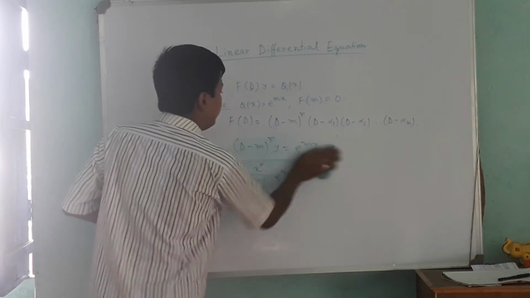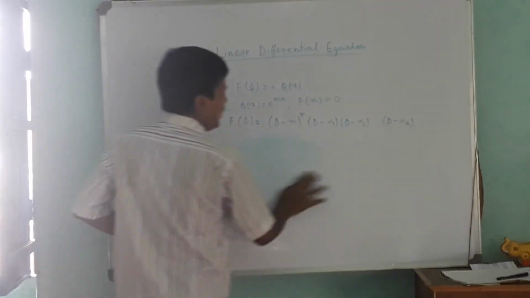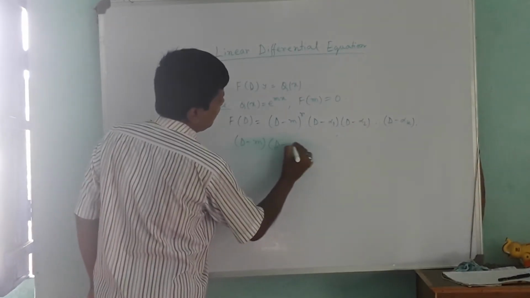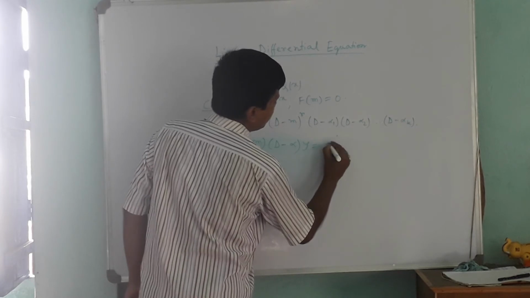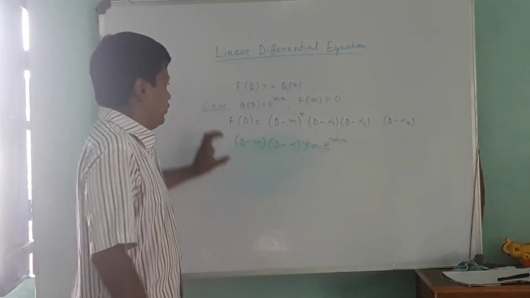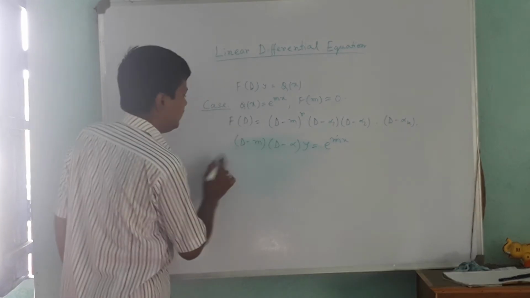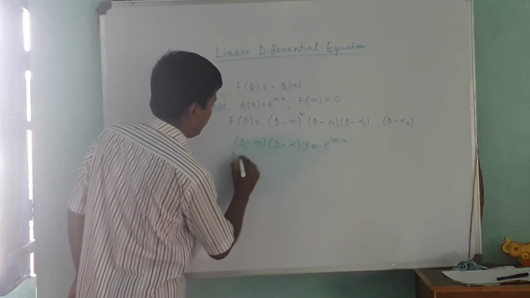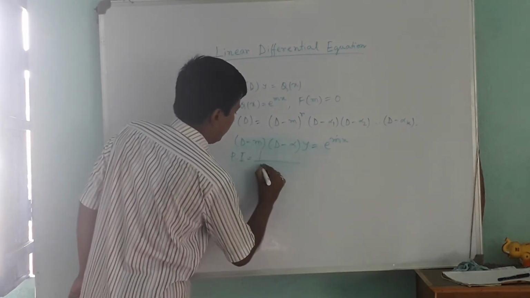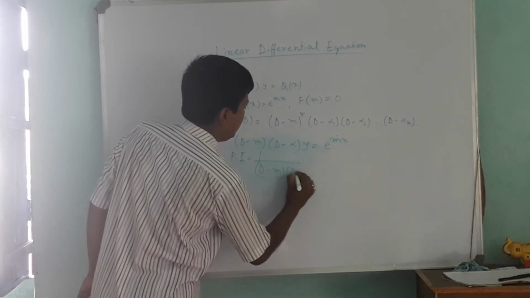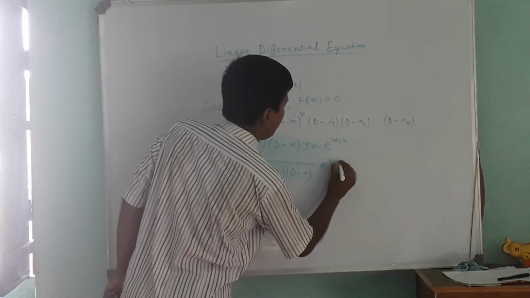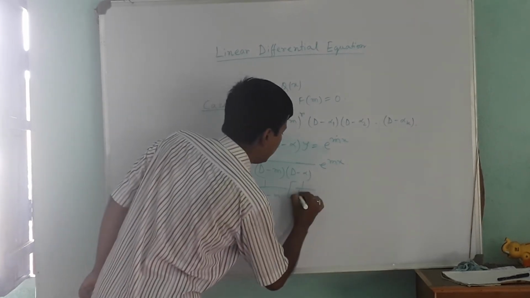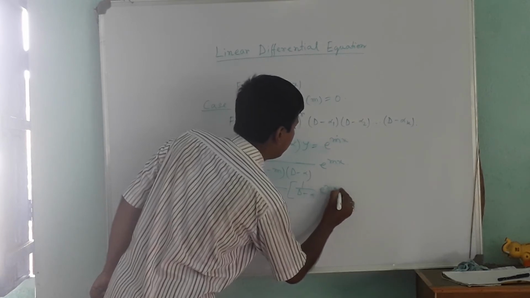Now we just saw a particular case. Suppose (D - alpha) y = e^(mx). For this case, the particular integral is 1/(D - alpha) e^(mx).